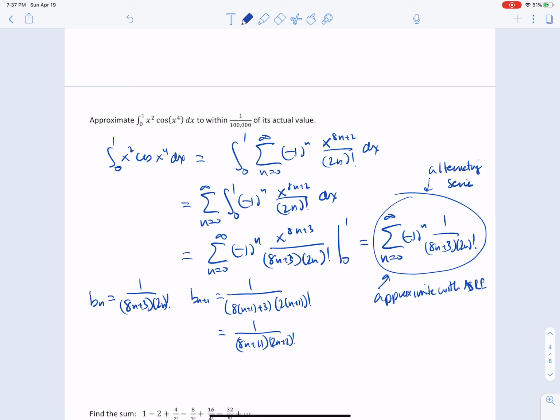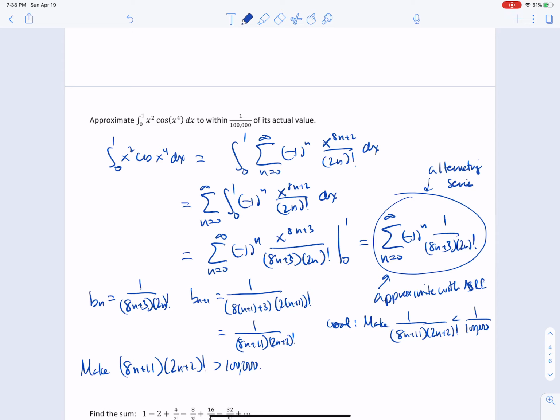And so my remainder estimate says if I want to make my remainder less than 1 over 100,000, our goal is to make b sub n plus 1 less than 1 over 100,000. I like to flip things over, so let's make 8n plus 11 times 2n plus 2 factorial bigger than 100,000.